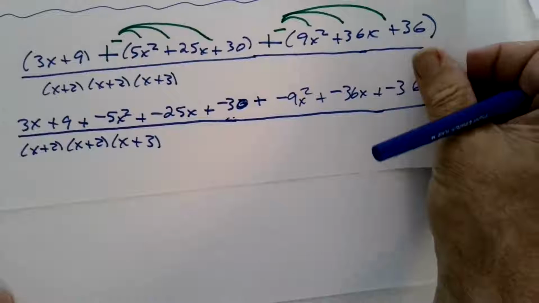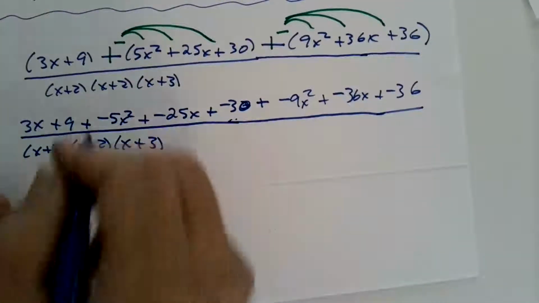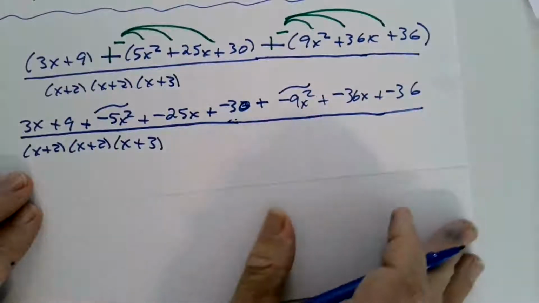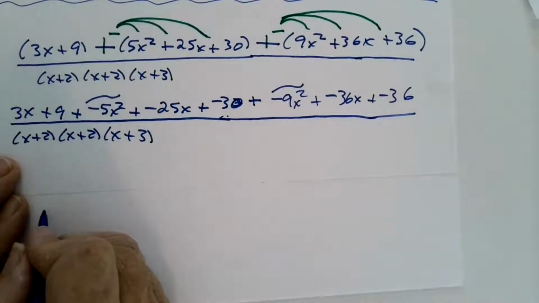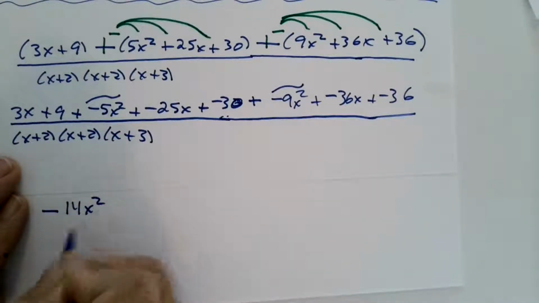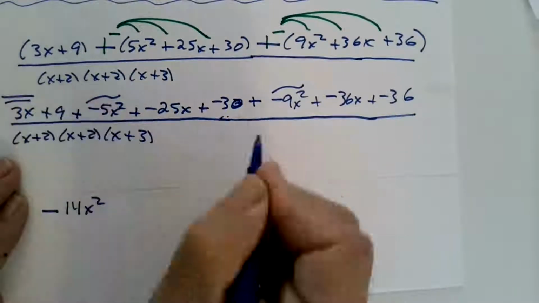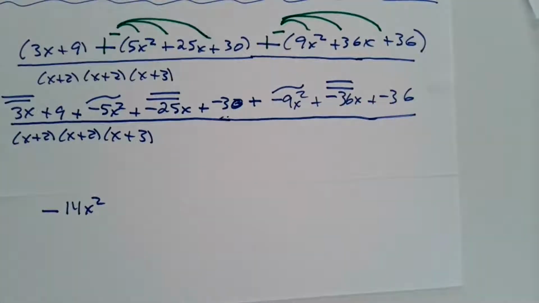At this point, we need to do what? We need to find our like terms. So looking at x squared first, we have negative 5x squared and negative 9x squared, which would give us negative 14x squared. Looking at our x's, what do we have? 3x minus 25x minus 36x. 3 minus 25 minus 36, we get negative 58x.